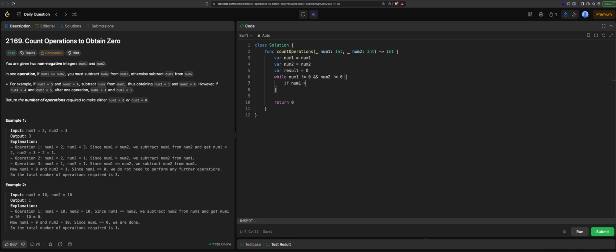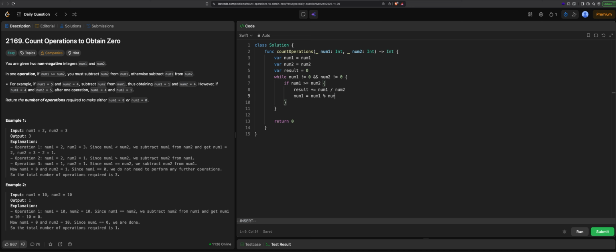If num1 is greater than or equal to num2, we can simply update the result by finding the remainder of num1 and num2, since num1 is greater than num2. And then the next step is we update num1 by finding the modulo instead of the remainder.